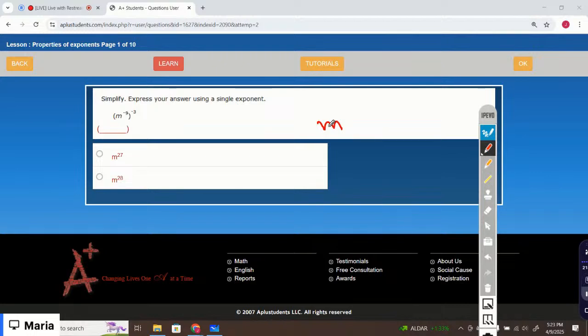M exponent negative 9 exponent negative 3. So you have to multiply these exponents. Negative 9 times negative 3 makes positive 27. So option number 1 is the correct option.